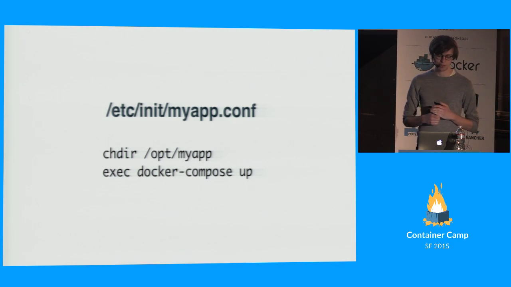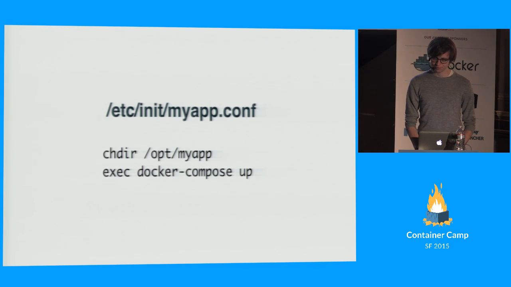You just change into the directory where your application is and do docker compose up in the script. This can be with whatever init system you like. That pattern works quite well as well. But again, this is the same problem of where it's on a single server. It obviously doesn't scale, and you're going to lose your data if your server goes away, which is not very good.